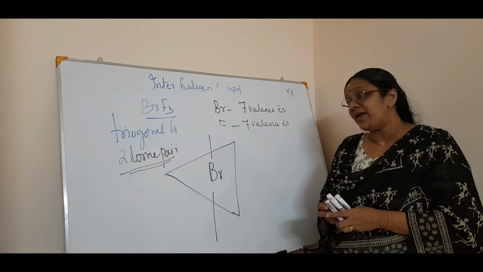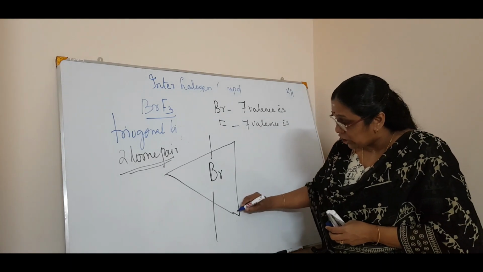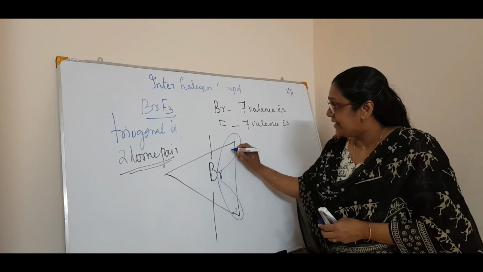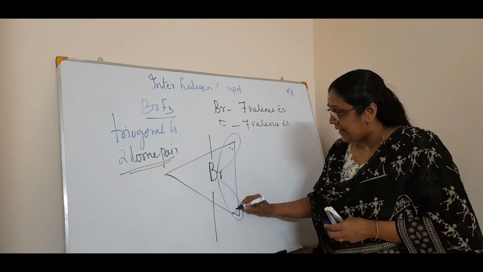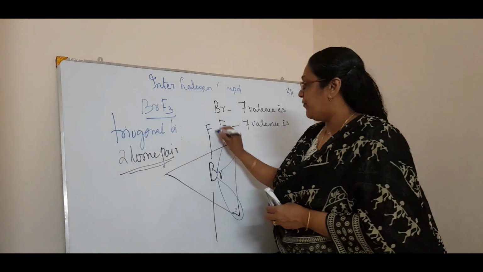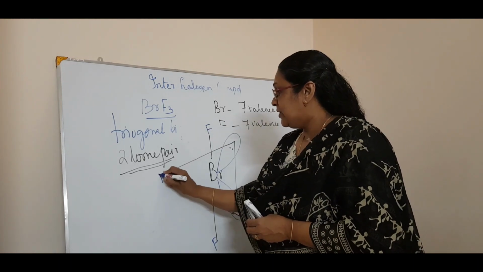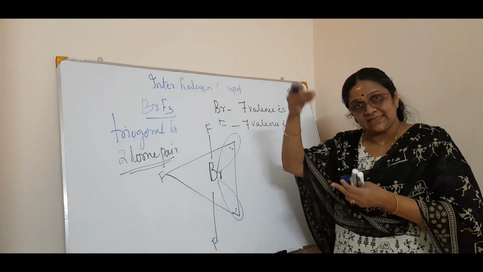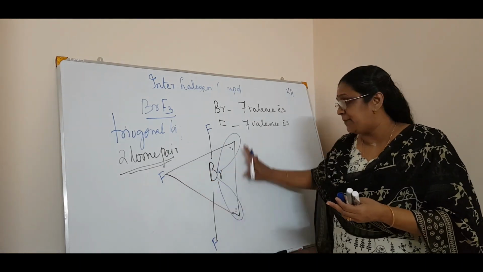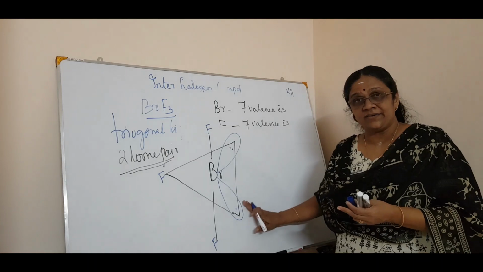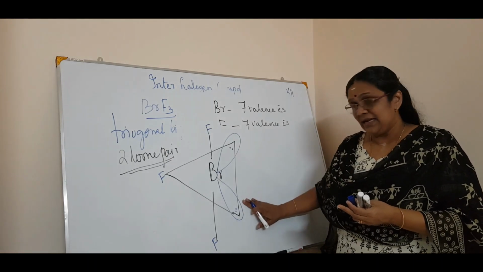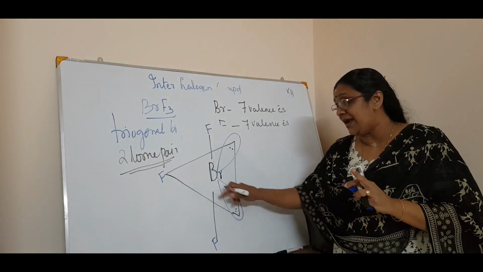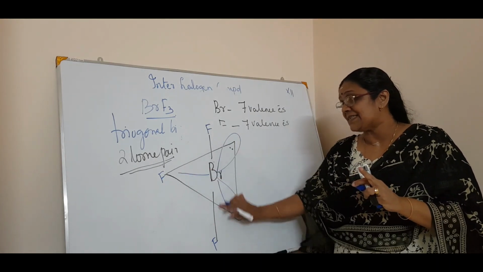These 2 lone pairs are located in the equatorial position, and 2 fluorine atoms are in the axial position. So you can say these are equatorial electrons and these are axial electrons, equatorial bonds and axial bonds.